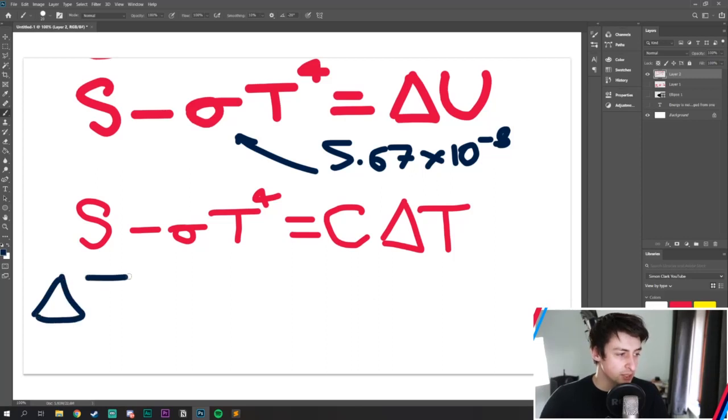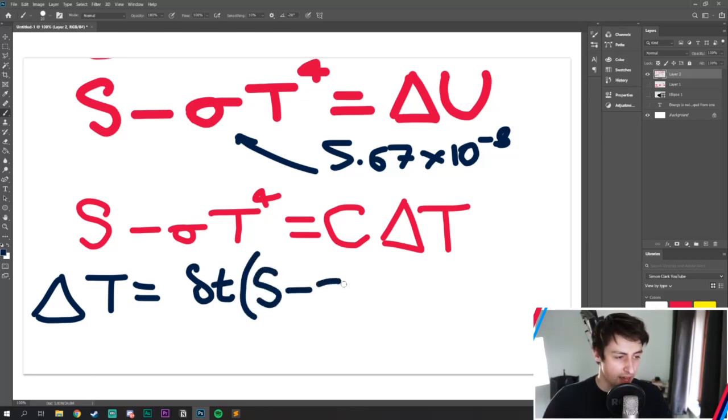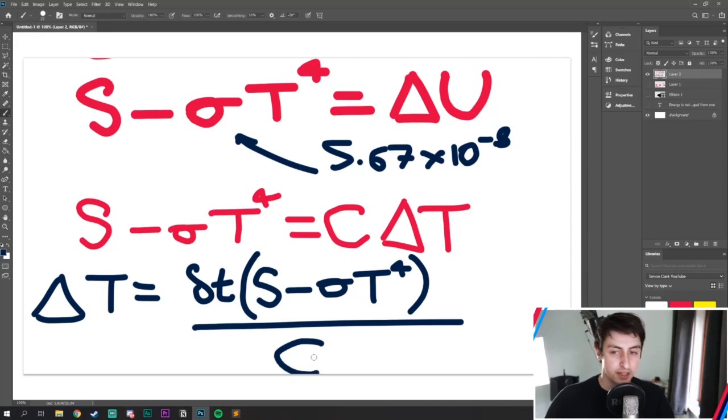The change in temperature of a thermodynamic system over some time period, let's call it lowercase delta t, is going to be lowercase delta t, our time difference, multiplied by the energy imbalance, so S minus Stefan Boltzmann energy, divided by the heat capacity.